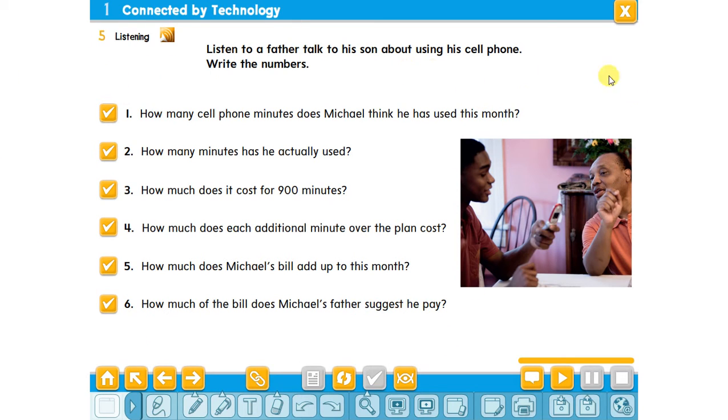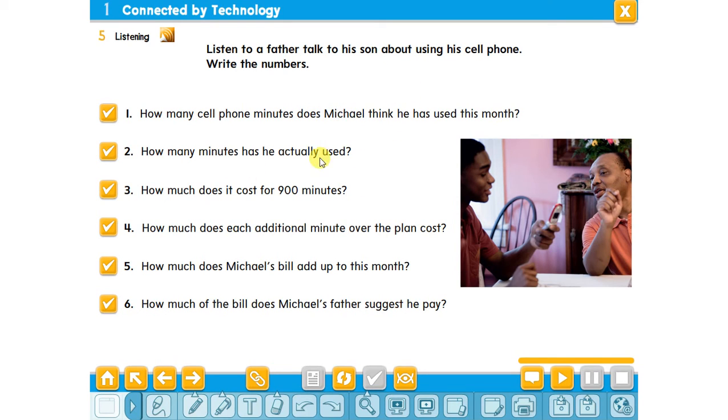Yes, write your answers. Then I show you my answers. How many cell phone minutes? Not 300. The one that the father said. What does Michael think?